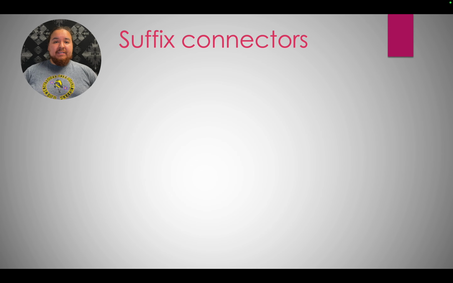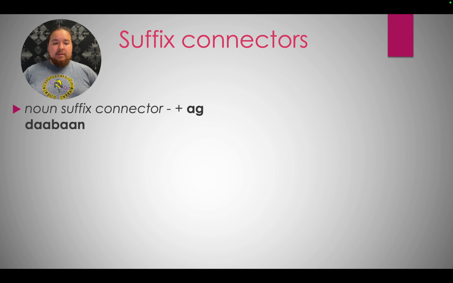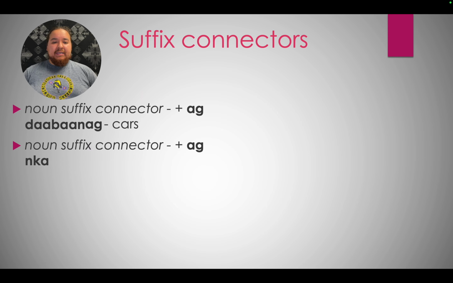So here is a visual representation of what happens when we add our plural suffix to those same nouns. So the word for car, daban, because it doesn't have a suffix connector, we simply add ag. Boom, there we go. Dabanag, cars. Next one, nka plus ag.